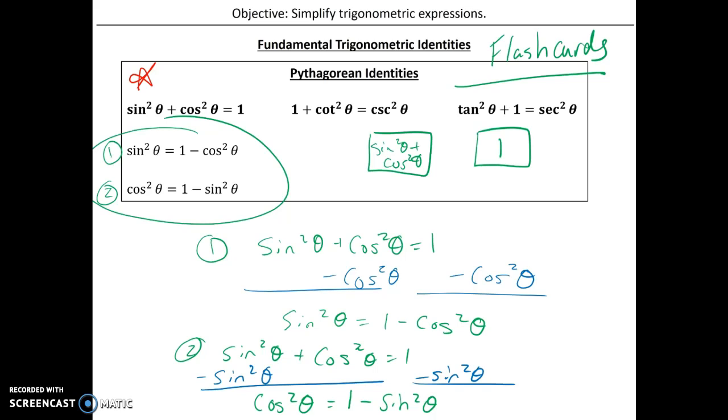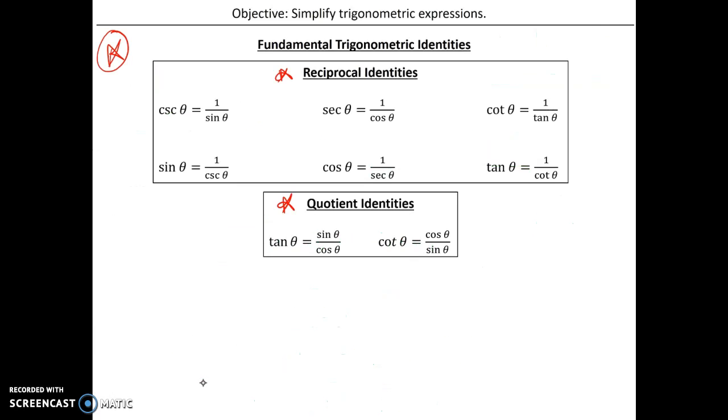Then develop the other flashcards. You can make 5 flashcards for all the Pythagorean identities, and also for the reciprocal identities and the quotient identities, if you struggle with memorization.